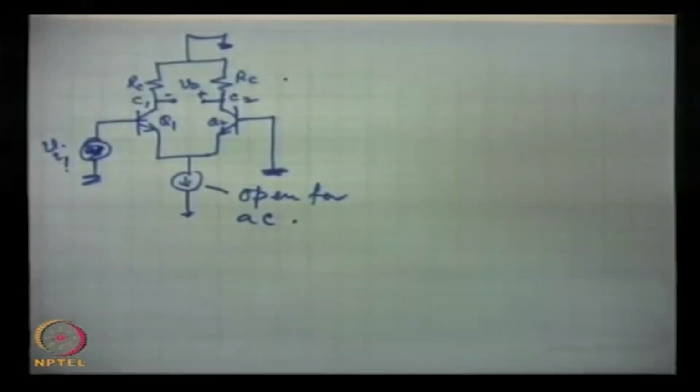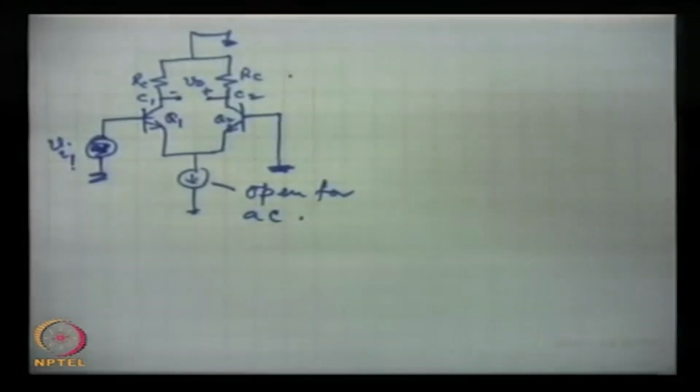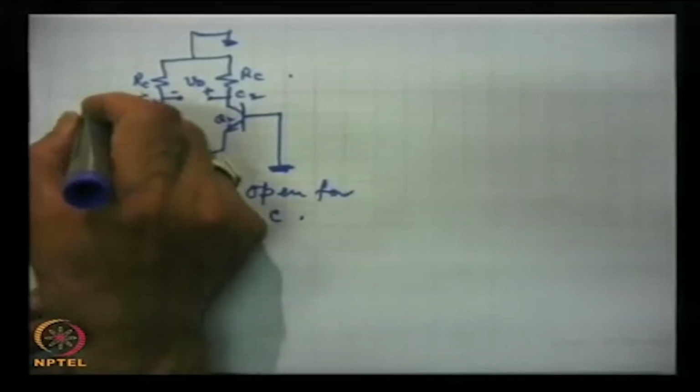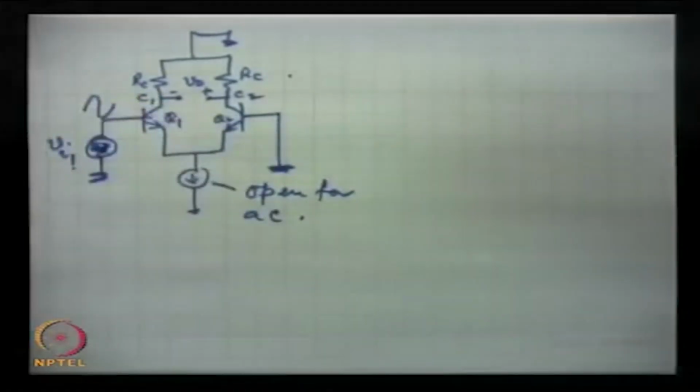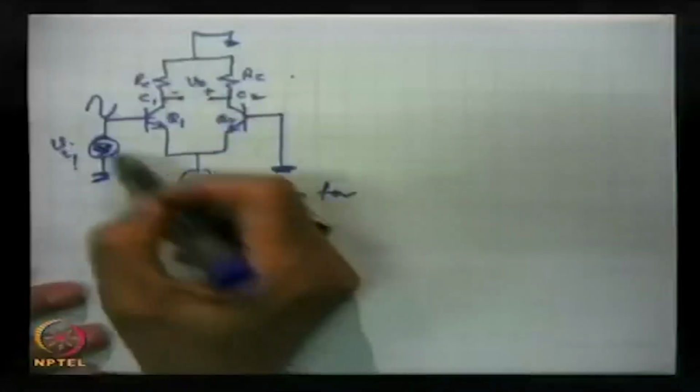This is the situation when one of the two input signals is active. Now see the signals: the input signal is sinusoidal, like that. Several very important points will come during this discussion. What is this?